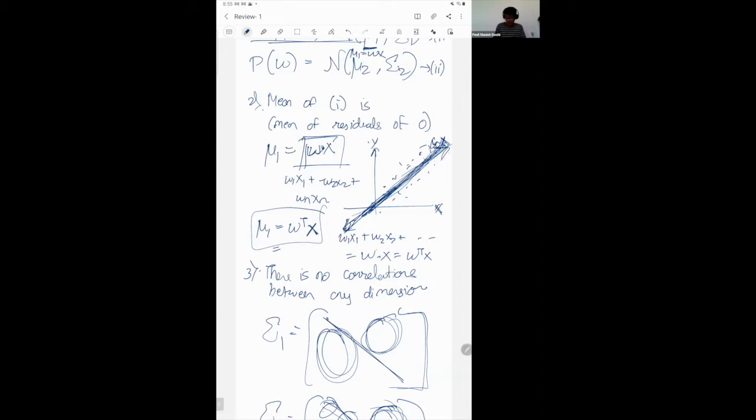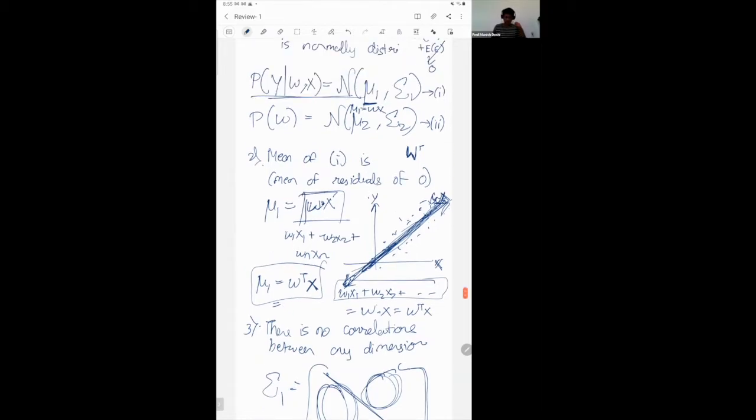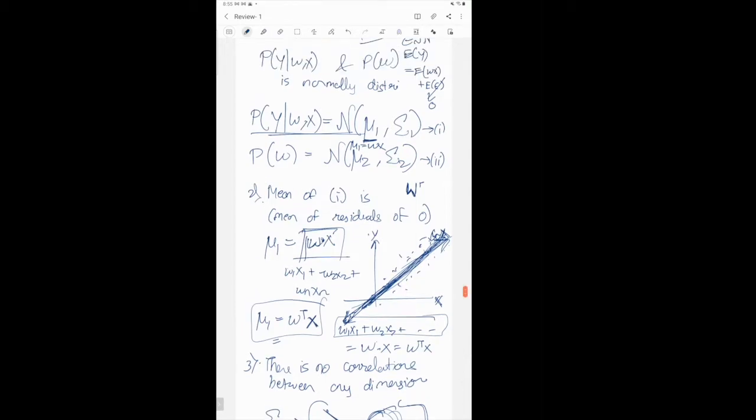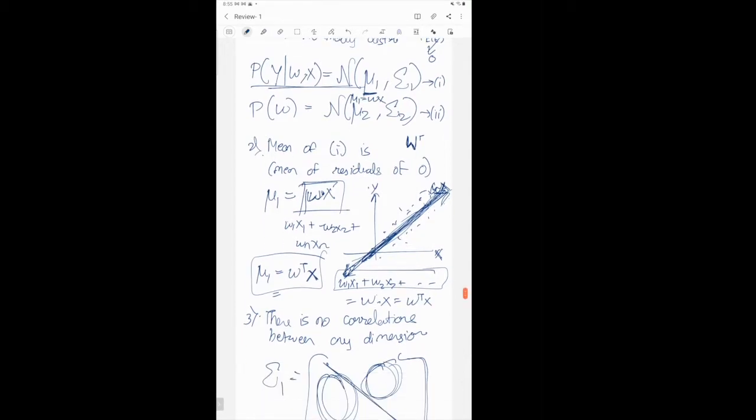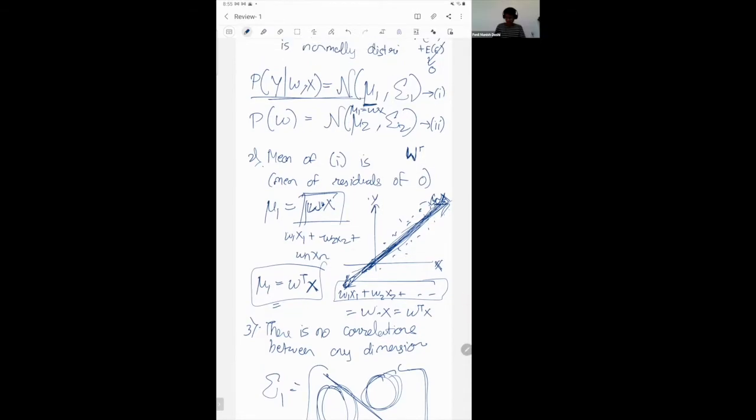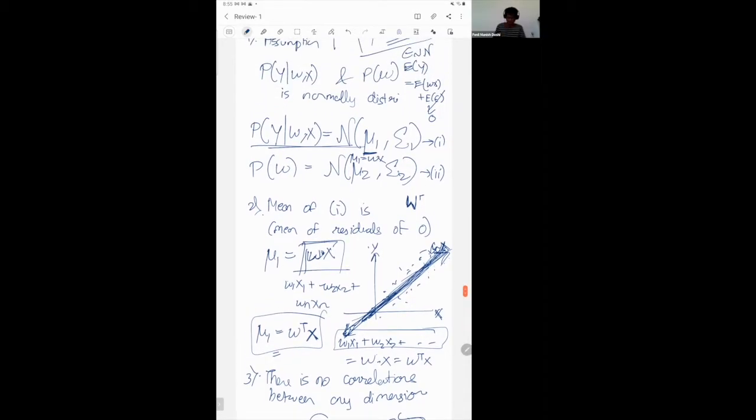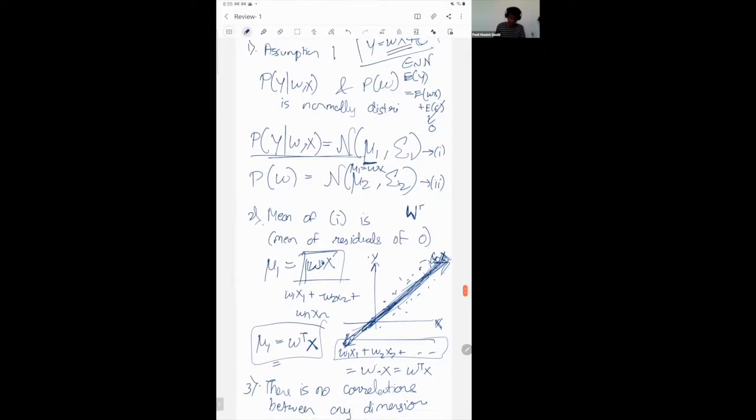While doing linear regression, we are interested in this quantity, w1 x1 plus w2 x2. So in order to do this, we are assuming that y is, as she said in the starting lecture, we can always write y as this, and this epsilon is some noise.